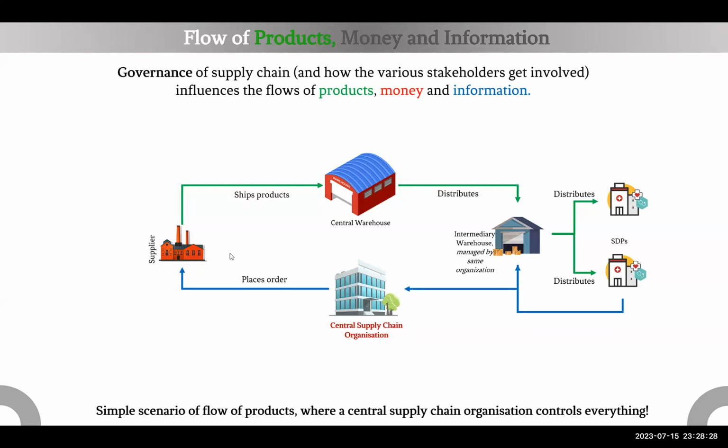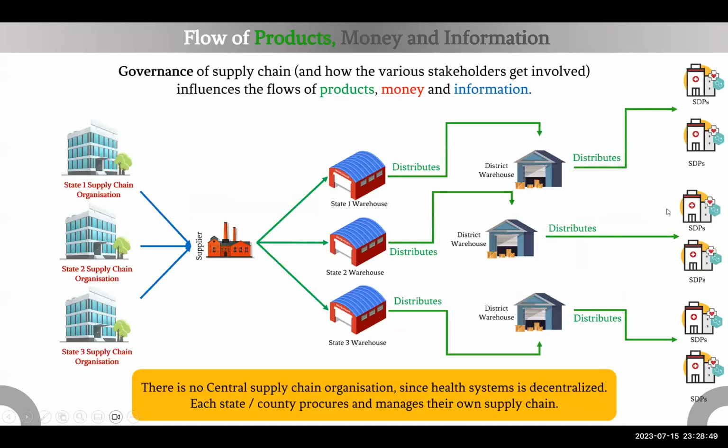So this is an example of a centralized governance system and how products and information flow through a central system. If we also had to draw a flow of money in this case, it would also be managed by the same organization if they have the power. It depends on how those power structures are organized.